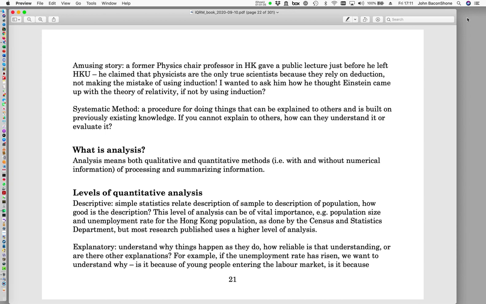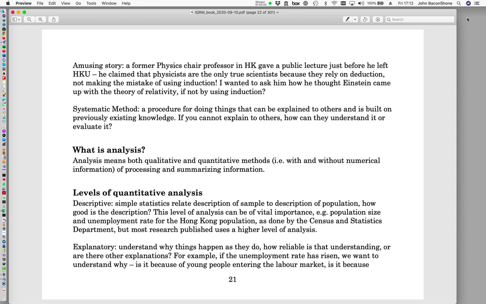These sorts of descriptive analysis are really important in terms of planning for the government, right? A lot of the analysis done by the Census and Statistics Department can be criticized by academics as being purely descriptive, but actually those descriptions are really important, although one can argue that descriptive alone may not be enough.